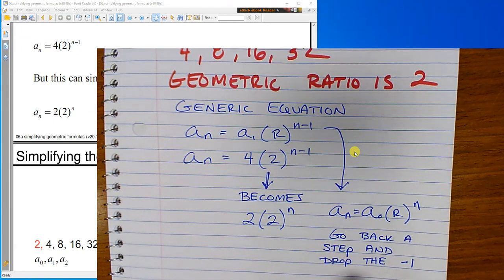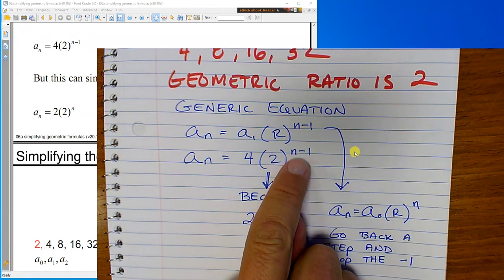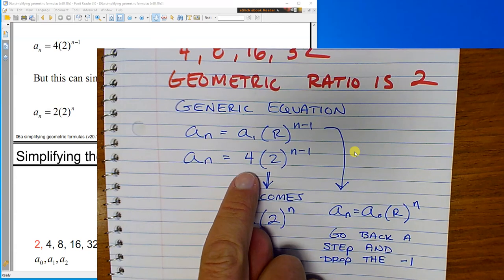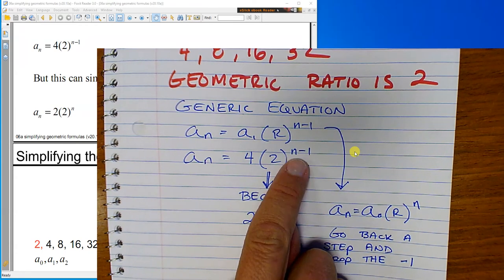So why is this working? Well, think about what n minus 1 means to us. It means previous term. It's kind of saying, go back a step. This one is saying the value of the first term and go back a step.